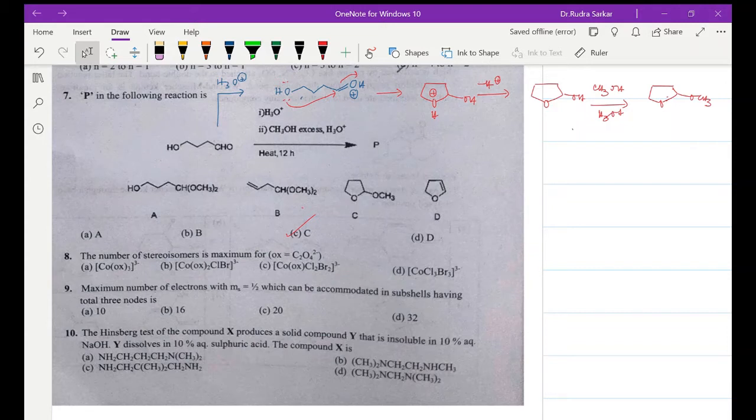The number of stereoisomers is maximum for, so we have been given basically a bidentate ligand which is oxalate. So for this one, which is a MAA whole thrice type molecule, we will have only optical isomerism, and there will be two of them, okay.